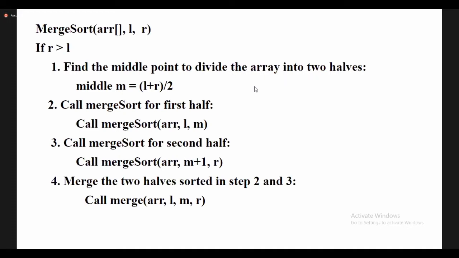So the middle M is equal to L plus R by 2. We calculate the middle point, L plus R by 2. Next, call merge sort for the first half. That is merge sort of array, L comma M. What is M here? The middle value. Okay.